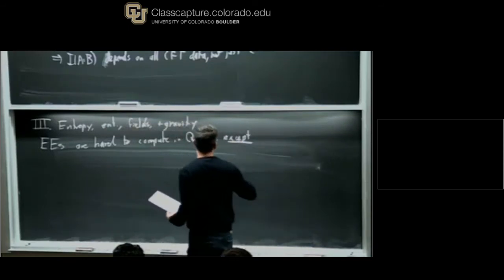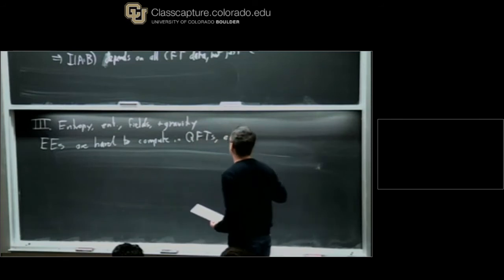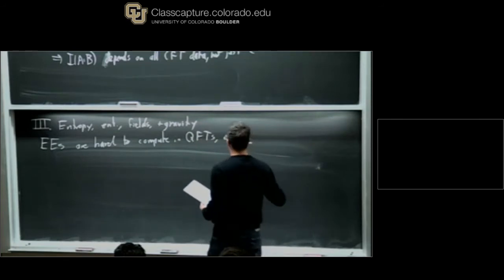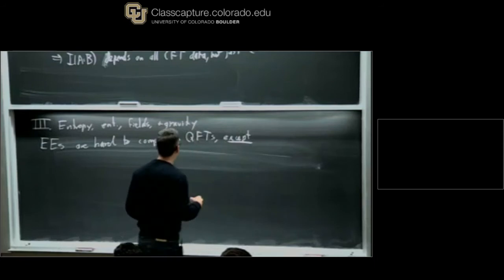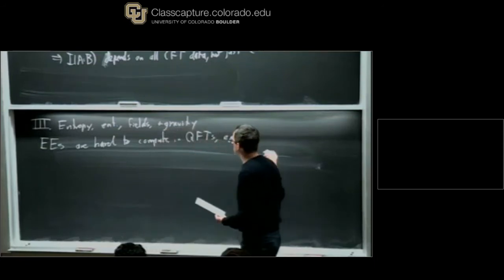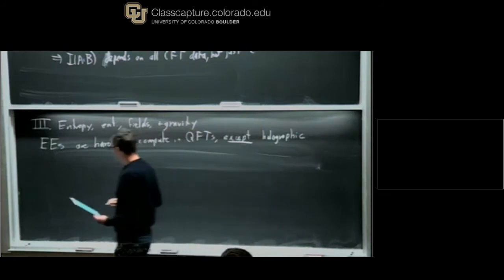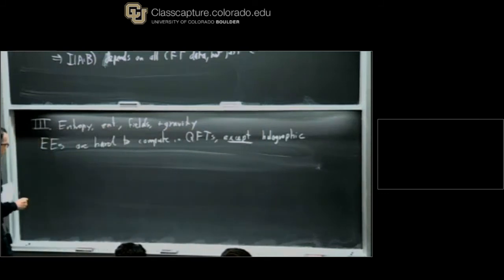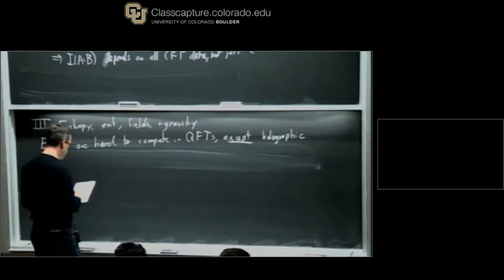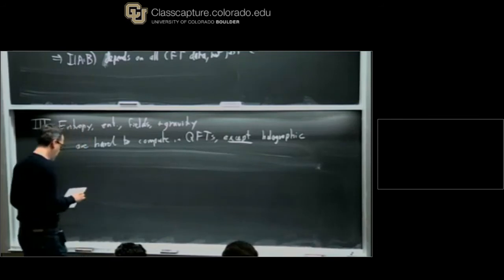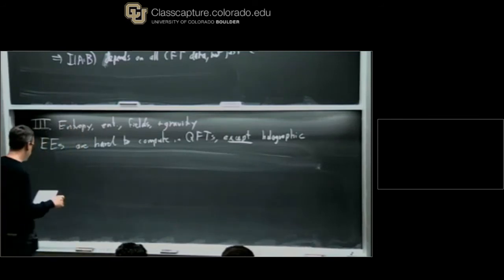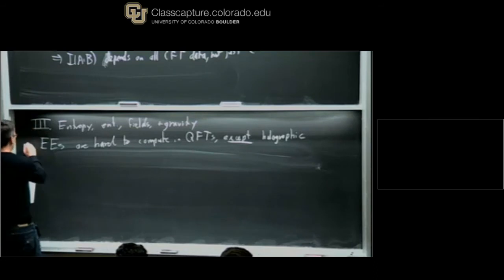Like so many things, as Oliver has emphasized in his lectures, it becomes suddenly tractable because it turns into a classical problem. And this was a great discovery by Ryu and Takayanagi. I'm going to try to motivate it by talking a little bit about the thermofield double of a thermal state. Okay, that was my intro.